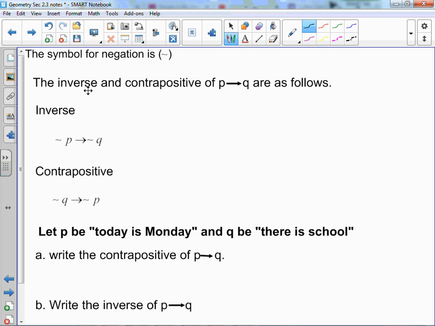So the inverse and contrapositive of if P then Q are as follows. Inverse is the negation of P implies the negation of Q, or if not P, then not Q. Contrapositive is just the opposite order, but they still have the negations in there. If not Q, then not P.